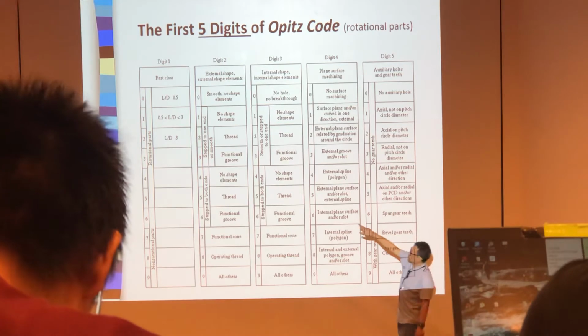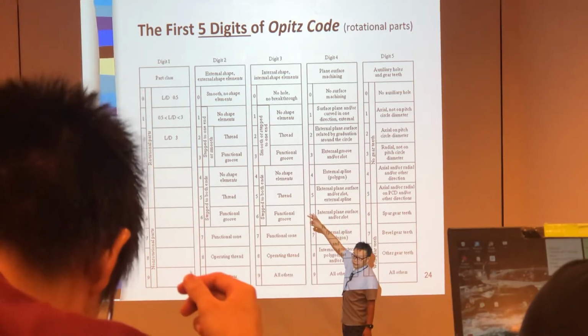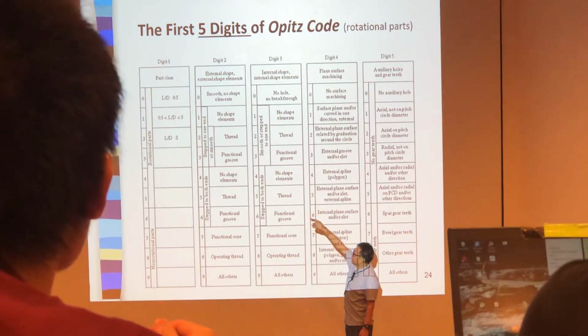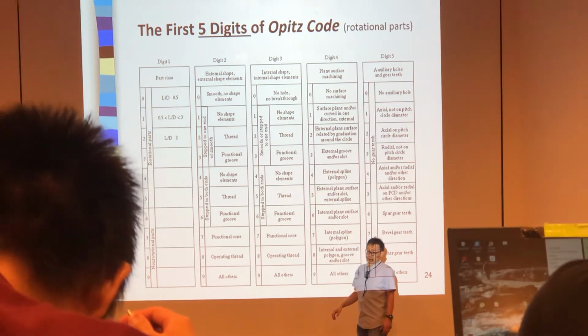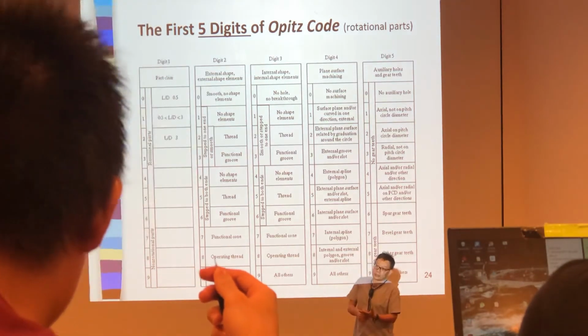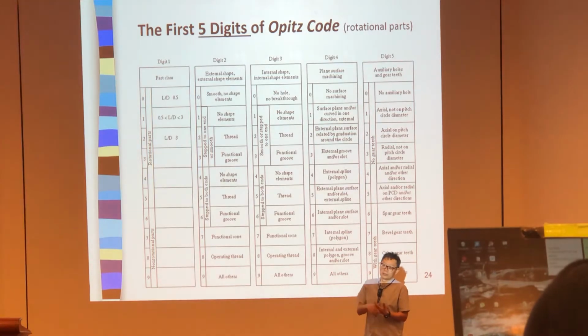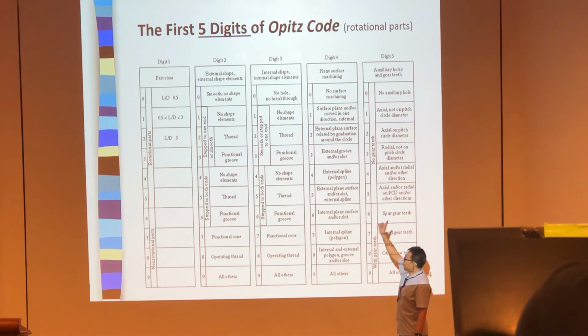If you step to one end, there are three further types. The first is no shape elements. Shape elements could be a thread, a functional groove, or even gear teeth. No shape elements is 1, with thread is 2, with functional groove is 3.